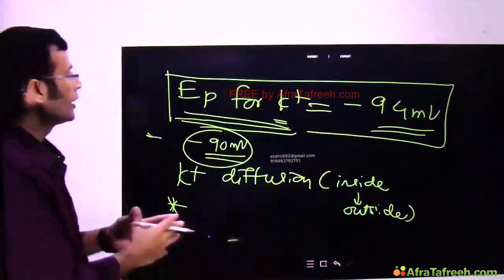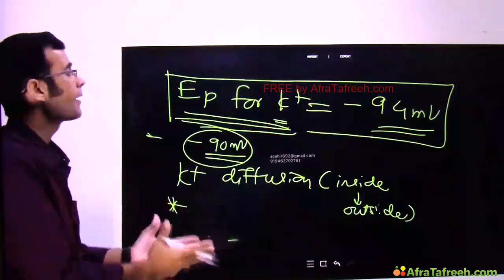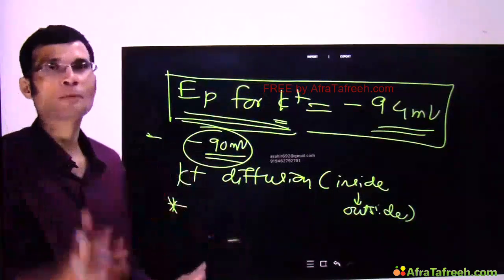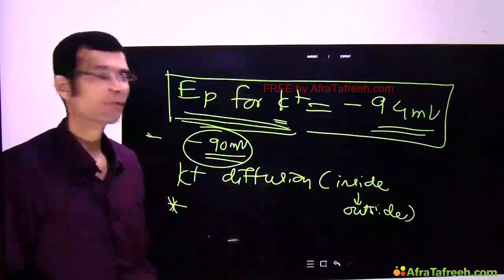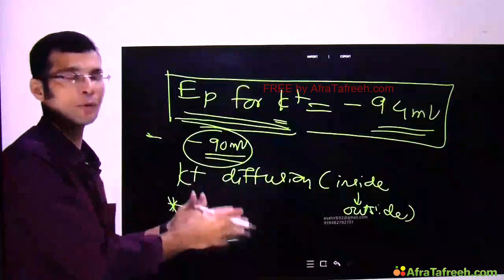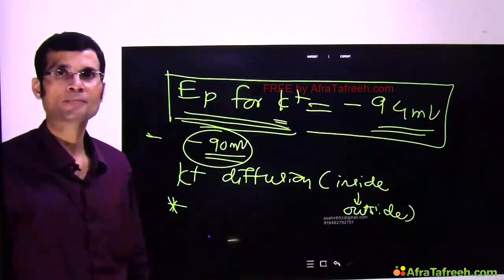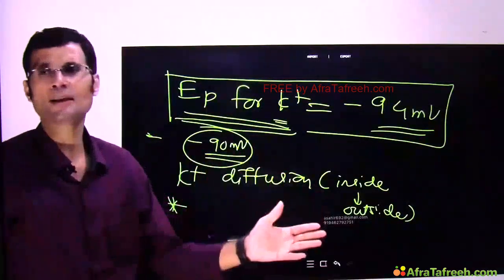So we can say, when sodium moves and potassium moves, potassium movement will be so great that it's the potassium movement, potassium diffusion, which will matter, and sodium movement will be negligible in front of it.